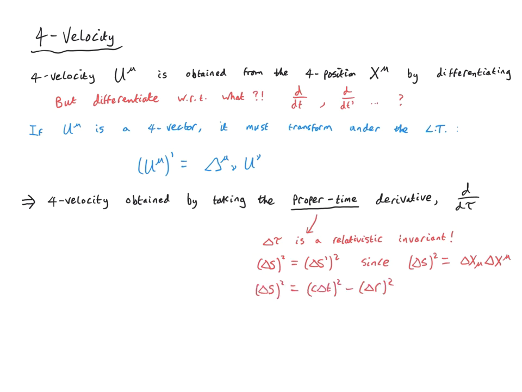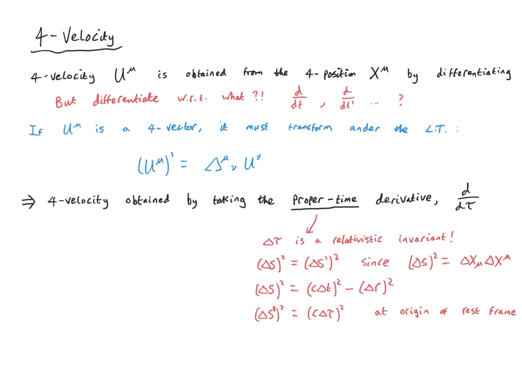Since delta s squared generically is defined as c delta t squared minus delta r squared, we could simply consider a different reference frame in which the observer was at the origin, at rest, in his own reference frame. The time coordinate in such a situation is the proper time, and since we're at the origin of our coordinate system, delta r squared is equal to 0, and therefore delta s primed squared in this particular reference frame is simply c delta tau squared.